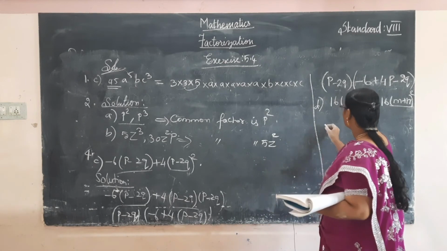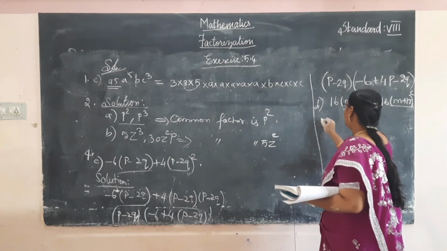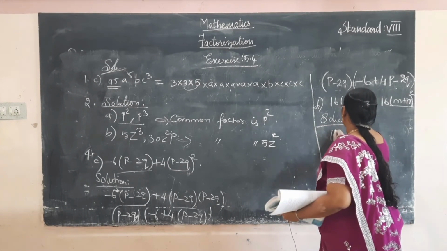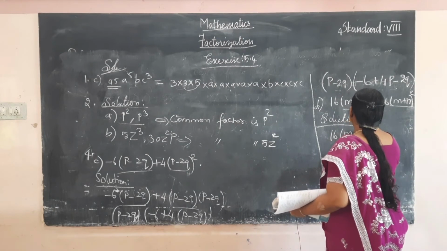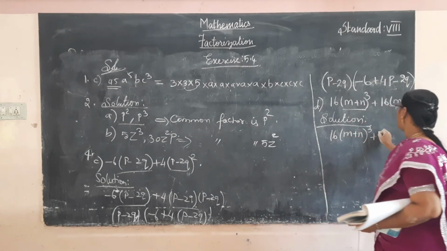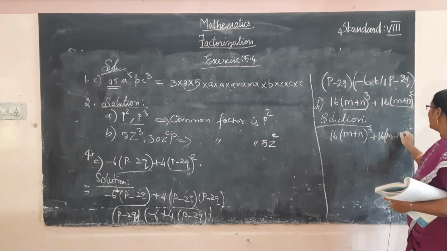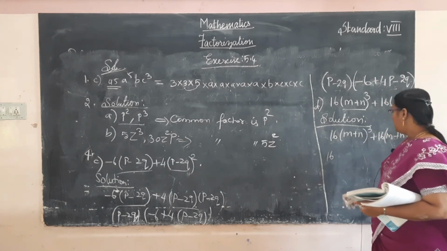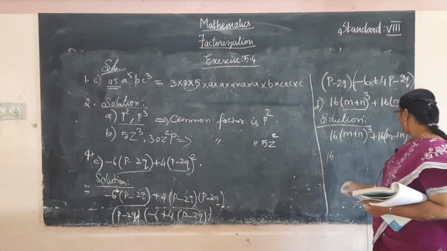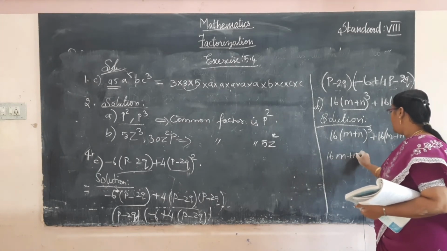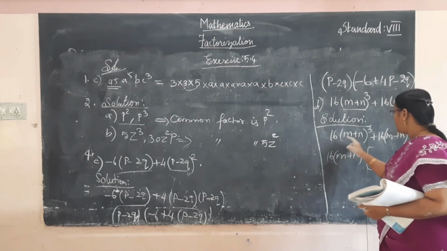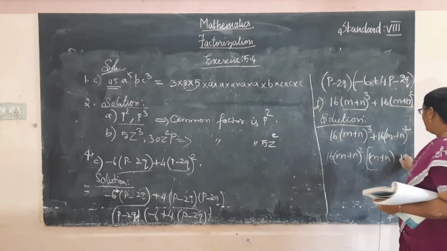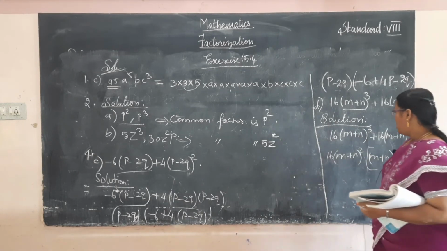So you have to take outside from this algebraic expression the common factors, 16 and m plus n the whole square. So what are the terms remaining? m plus n from the first term, here plus only there. So that is the answer.